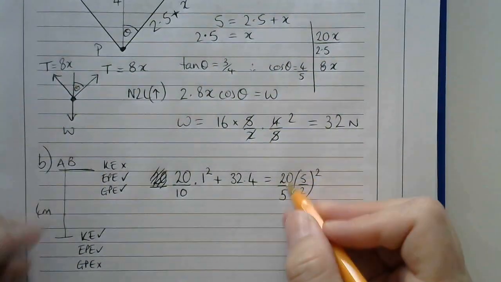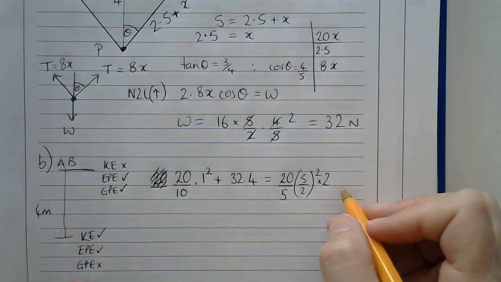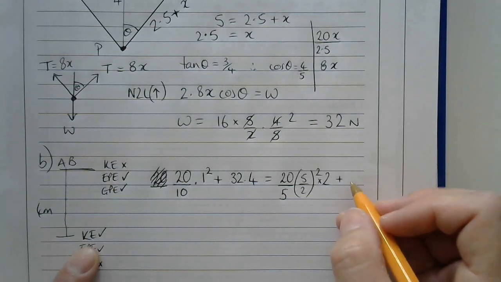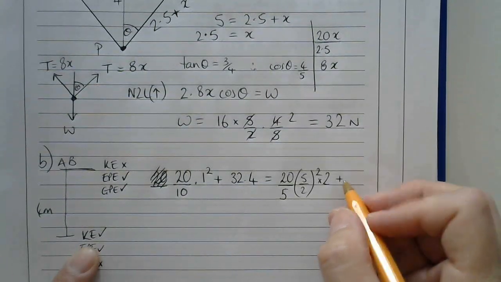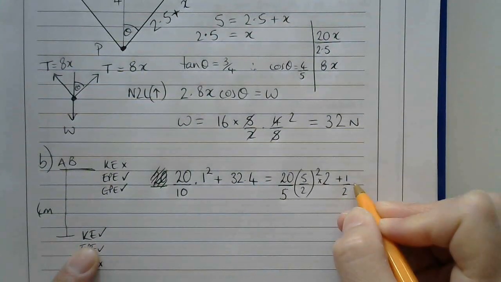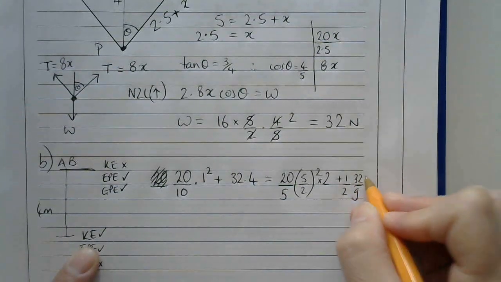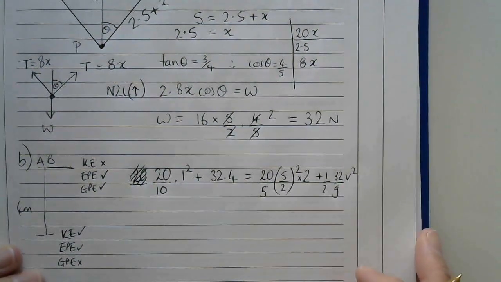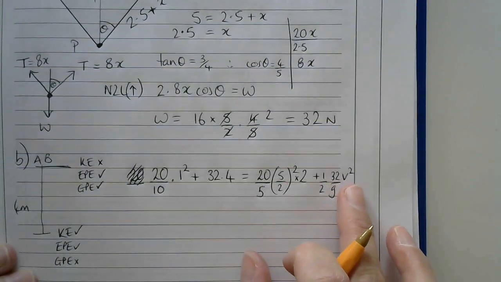Now that's the extension in 1/2 of the string, so then I just need to multiply that by 2, and then I've got the kinetic energy, which is half mv squared. So I've got half, the mass will be the weight divided by g times v squared. So now I need to tidy this up and rearrange it to get v.